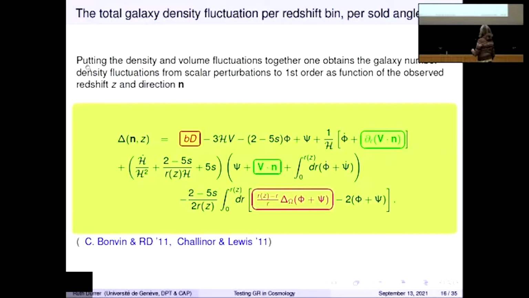Then there is another factor here, which is S, and has the opposite sign, which comes from the fact that if you have a telescope, it has some finite flux limit. It can only see objects above a given flux. If you could see all the galaxies, you could set S to 0. But since you don't see all the galaxies, your telescope has a finite sensitivity, and there might be galaxies which are fainter than that sensitivity.